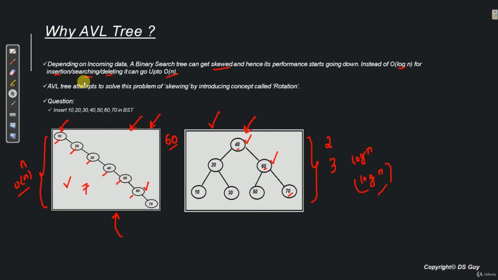It does that using a concept called rotation. So every time it sees that a tree is getting skewed, it automatically does some rotation so that the tree again gets balanced. Now what is rotation and how it is done? We will see that in the later videos.